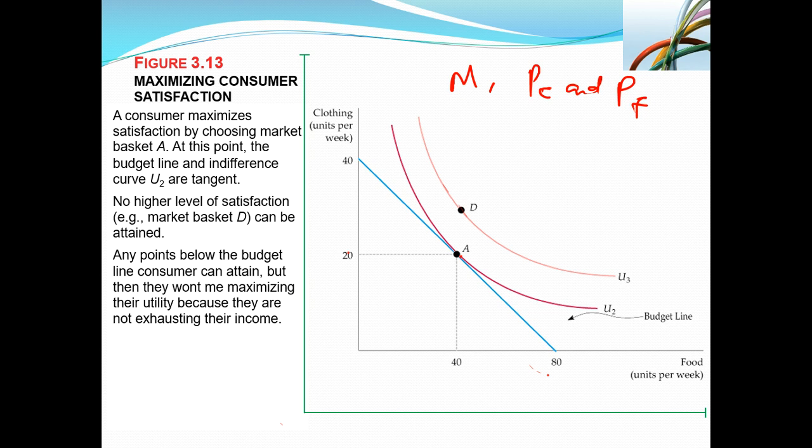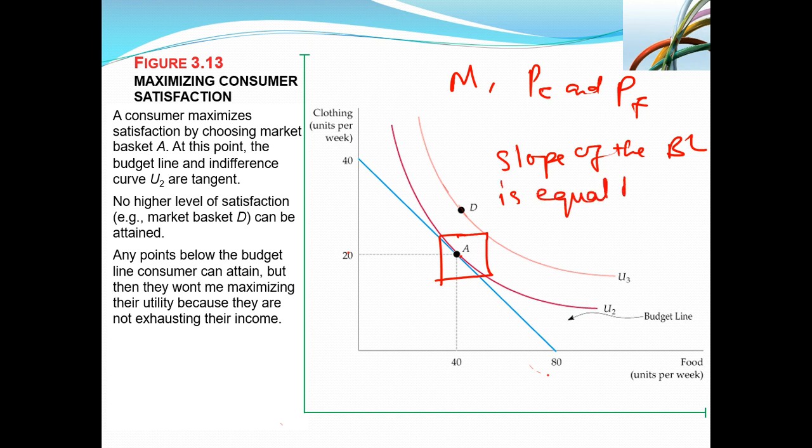So now the question is, where is the consumer going to maximize his or her utility? Well, it's at a point like point A, because we know that at point A the slope of the budget line is equal to the slope of the indifference curve.